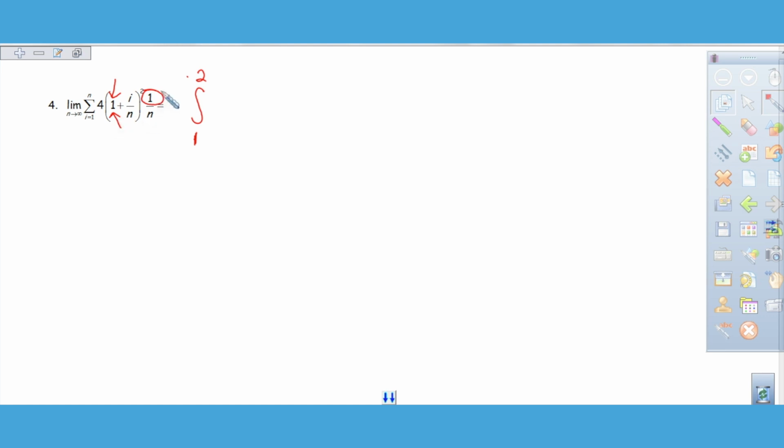And then I said this number over the n is b minus a. So b has to be 1 away, so add 1 to that and you get 2. And then the function is whatever the weird thing is inside of. And so I see 4x squared. So the function is 4x squared, and they have put my a plus b minus a over n inside of that. So I know that's the x, and then dx.